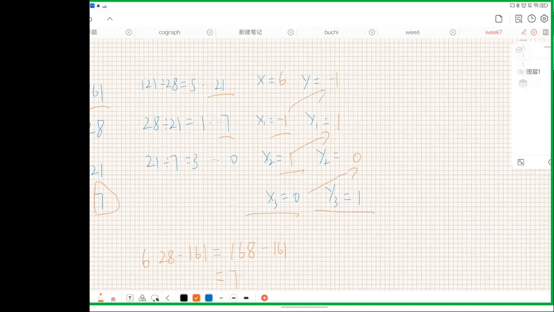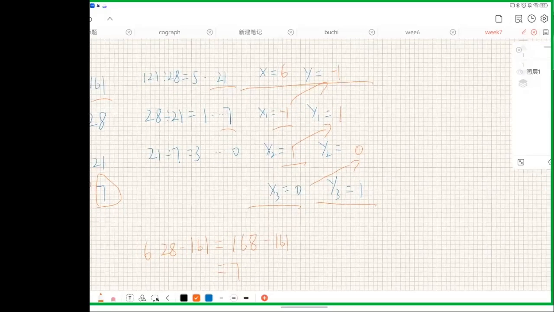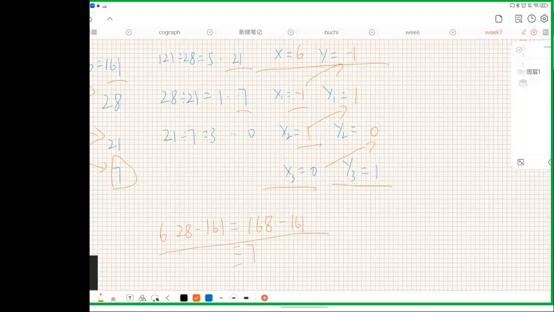And then negative 1 goes here. 1 minus negative 1 times 5, which is negative 5, so 1 minus negative 5 is 6. So we got this thing. Let's check that. It's 7, right? Which is the GCD.